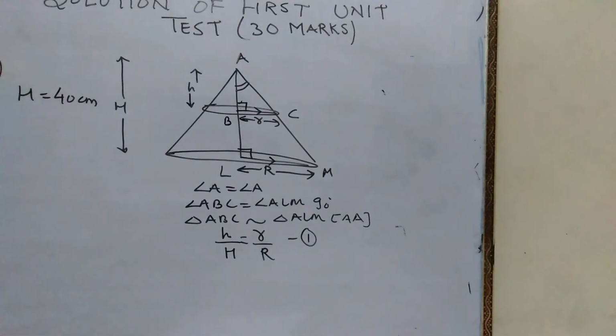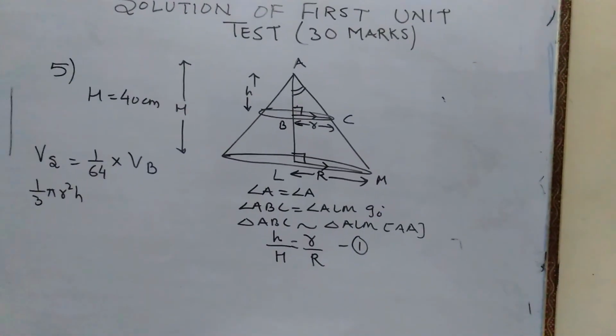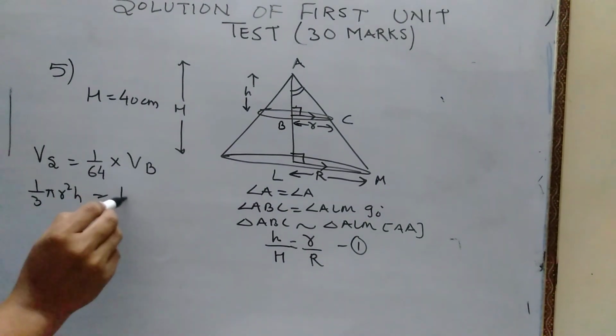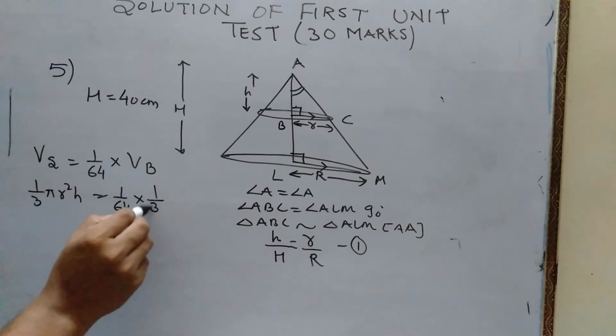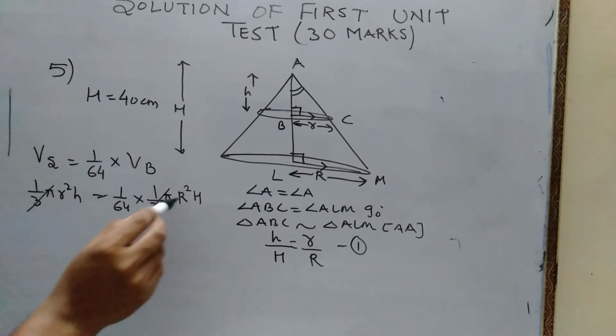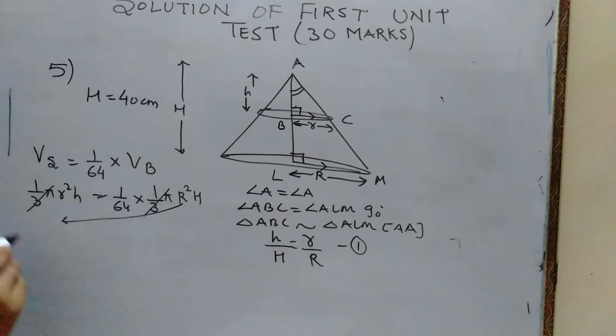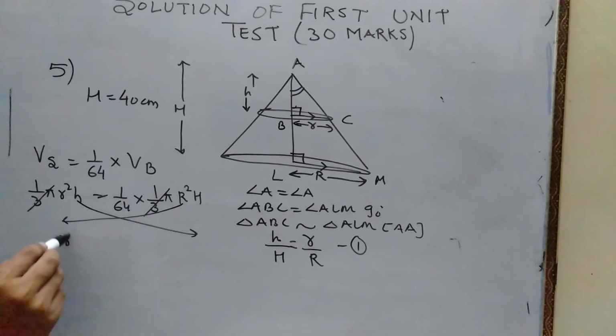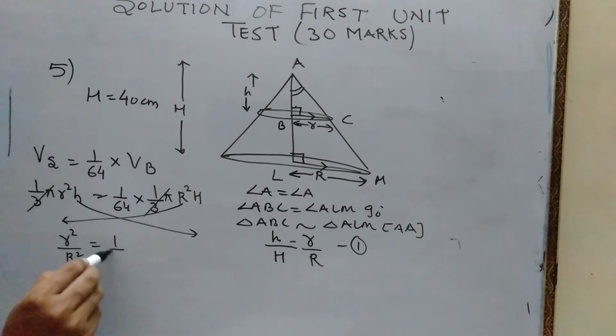In the next part, the question says the volume of the smaller cone is 1 by 64 part of the volume of the bigger cone. Volume of the smaller cone is 1 upon 3 pi small r square small h, and 1 upon 64 times the volume of the bigger cone, which is 1 upon 3 pi capital R square capital H. The 1 upon 3 pi cancels out. Bringing it down, small r square upon capital R square times small h upon capital H is equal to 1 upon 64.